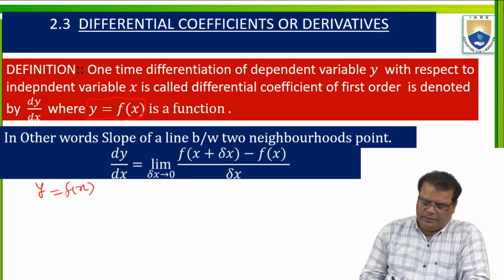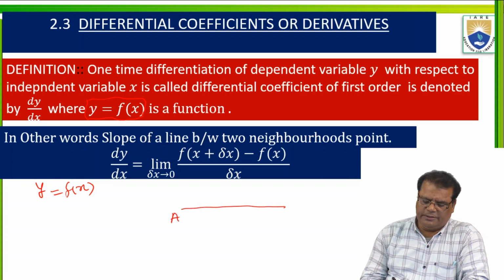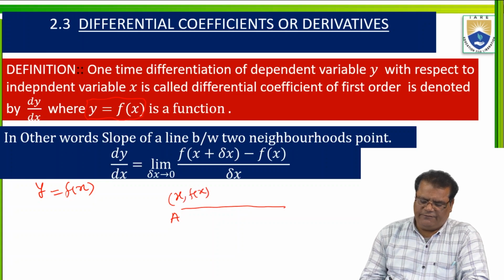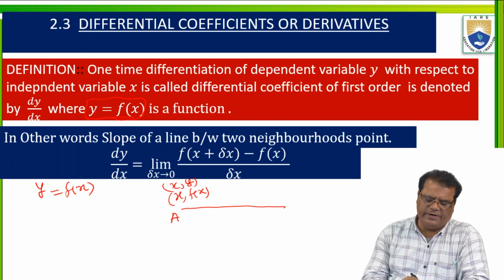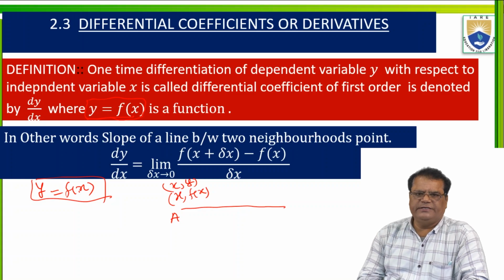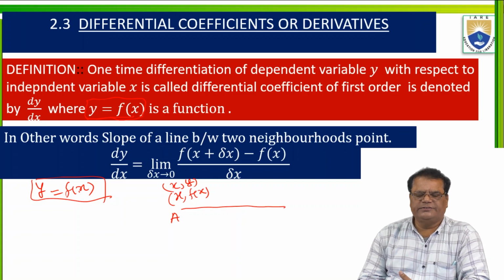Suppose this is point A. The position of the point is (x, y), that is (x, f(x)). f(x) is always y, since I am giving the equation y equal to f(x). So f(x) is some function, and it is represented by y as a function of x.